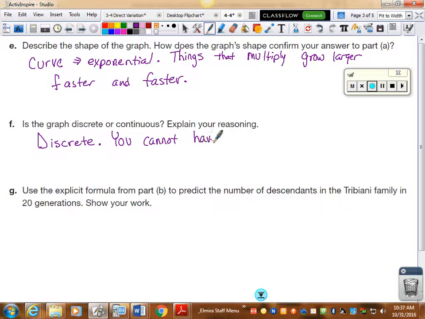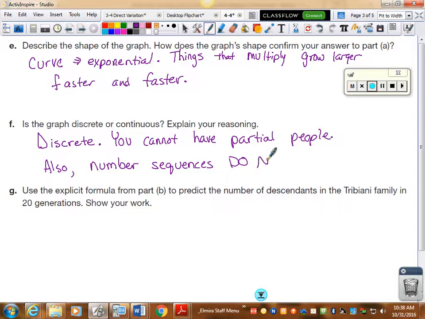You cannot have partial people. Also, the number sequences do not contain, I should say include instead.